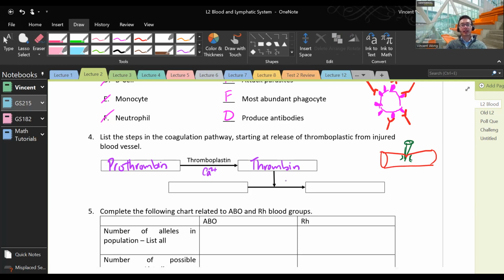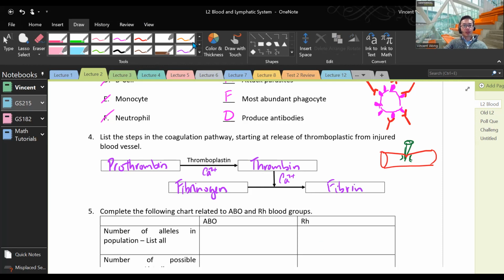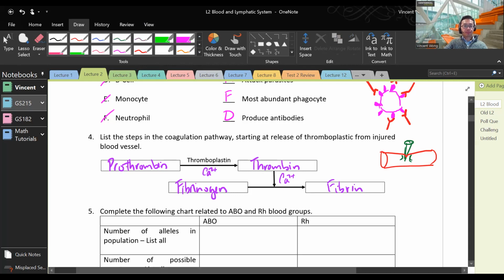One thing leads to the other. The thrombin, along with some calcium, is going to convert the fibrinogen into fibrin. Just to reiterate, this is inactive. This is active.